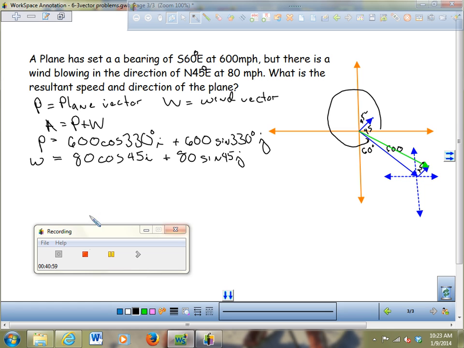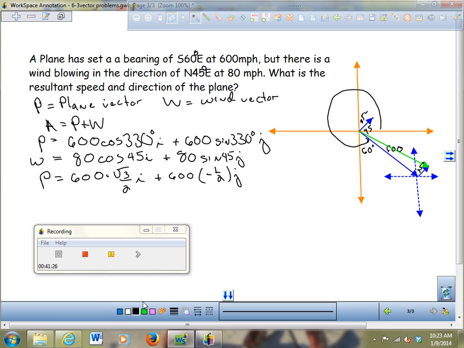Okay? Now this is a pain in the neck. I'm going to simplify these. So P is equal to 600 cosine of 330. There's that root of 3 over 2 again. It's positive. 600 times the root of 3 over 2 in the i direction plus 600 sine of 330. In this case, it's going to be negative, right?